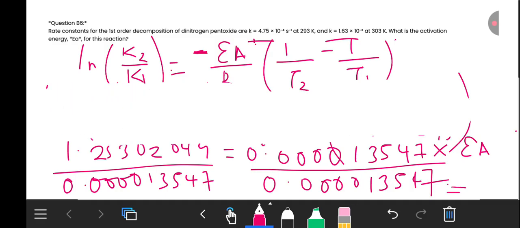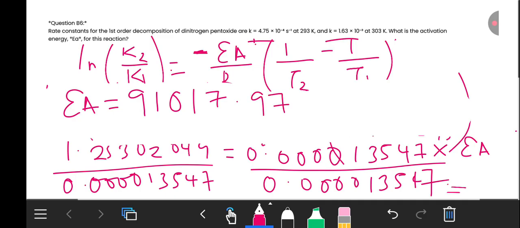So it's giving activation energy to be equal to 9101.97372, and this is energy, so it will be in joules.